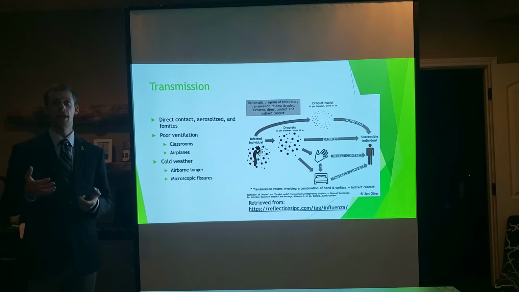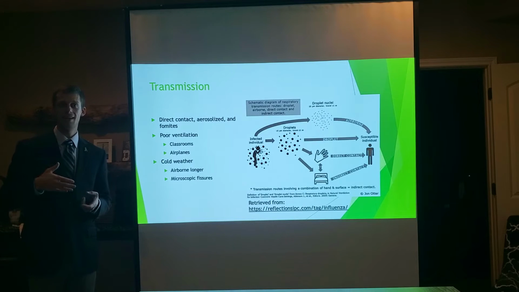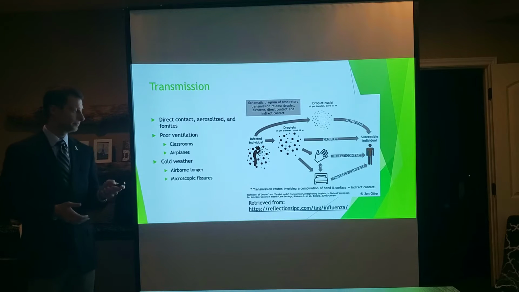These can include tight quarters such as classrooms, airports, airplanes, large gatherings, and military installations. The drier the season, this also contributes to the spread of influenza by keeping contaminants airborne for longer. Also, microfissures in the respiratory tract allow the virus to more easily enter the host.